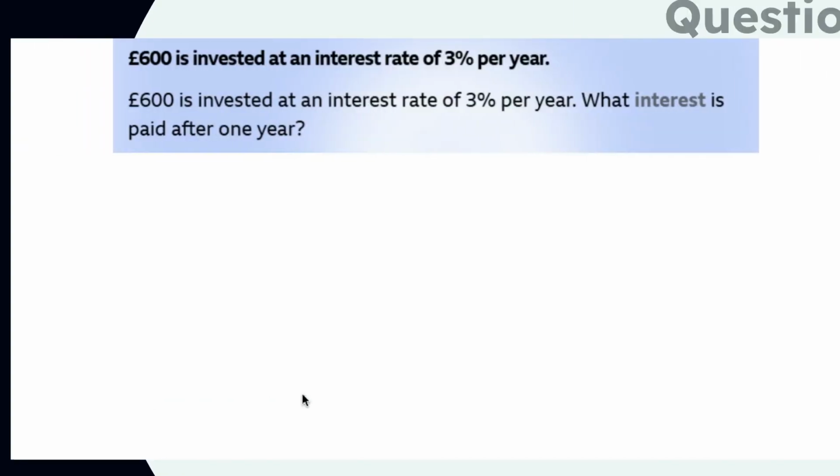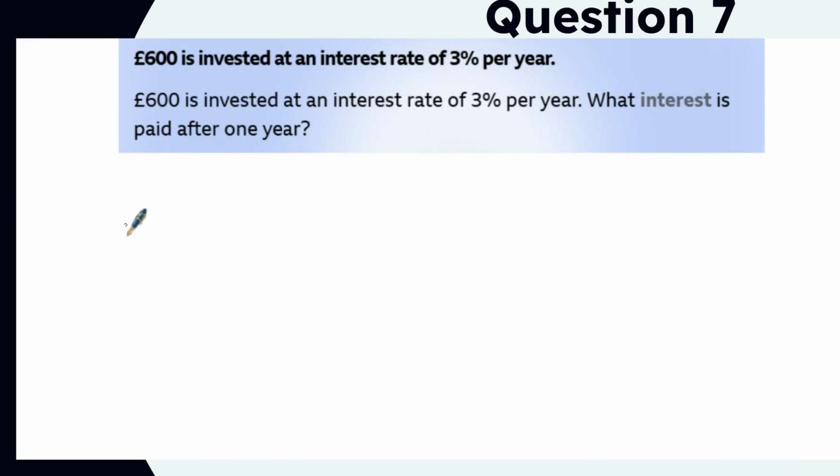In question 7, we will find the interest paid by using the simple interest formula, interest equals principal times rate times time.